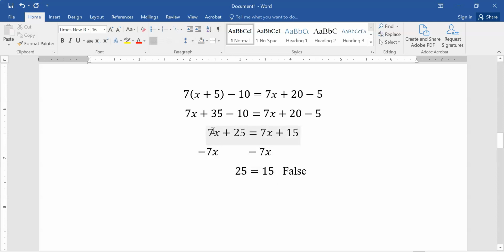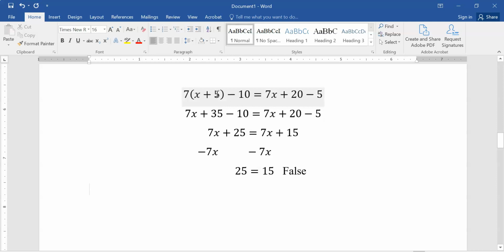So what does that mean? When my x's drop out and I end up with a false statement, well, what that means is no matter what I would have plugged in for this variable x here, I would have always come down and got a false statement. So if you plugged in the number 2 into both x's here and then simplified, you would have gotten a false statement.